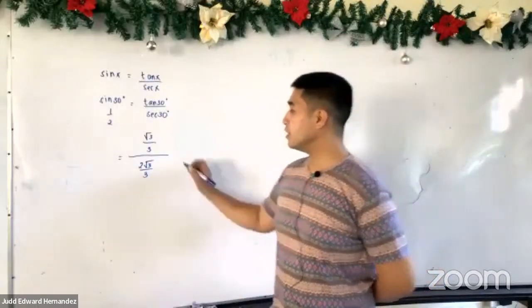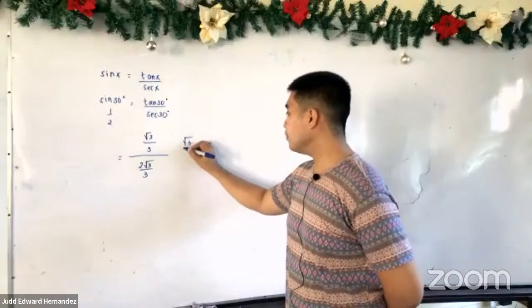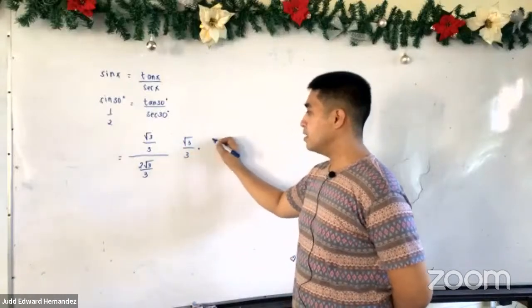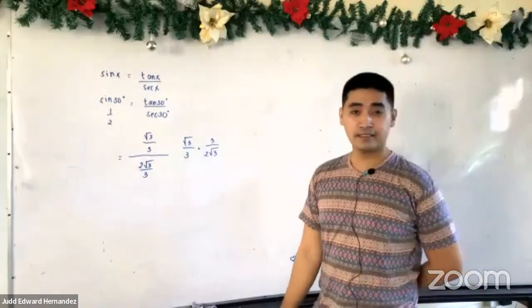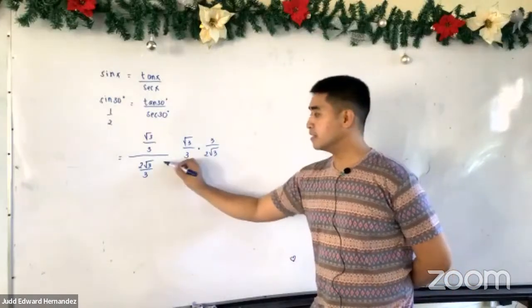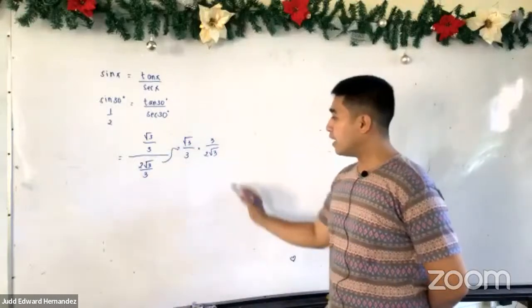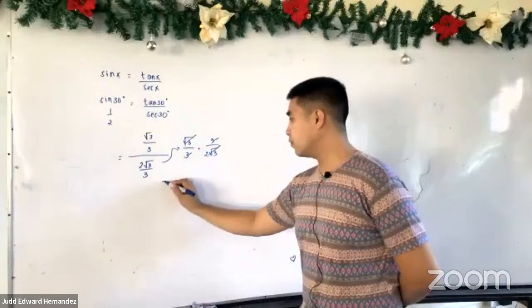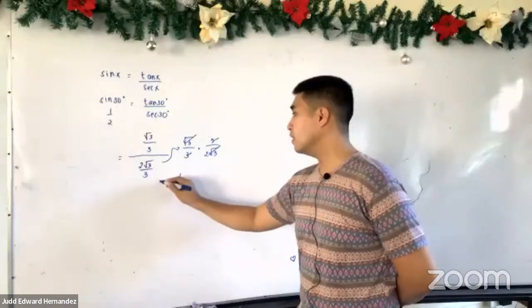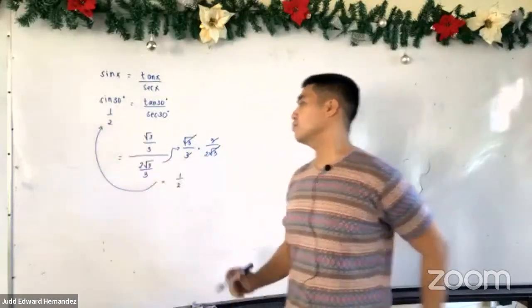Okay. So in this case, this becomes square root of 3 over 3 times 3 over 2 square root of 3. Right? This is equal to this one. So all we have to do is to cancel out square root of 3, cancel out 3, therefore it becomes 1/2. And 1/2 is equal to 1/2.